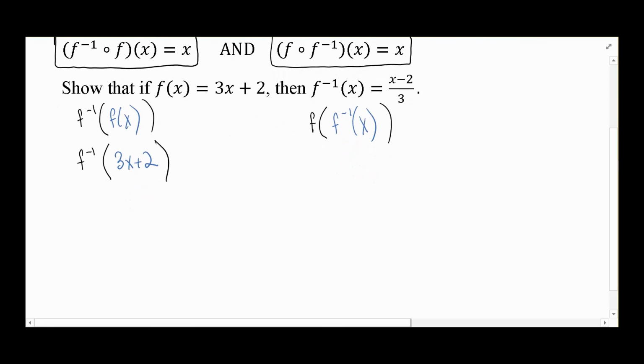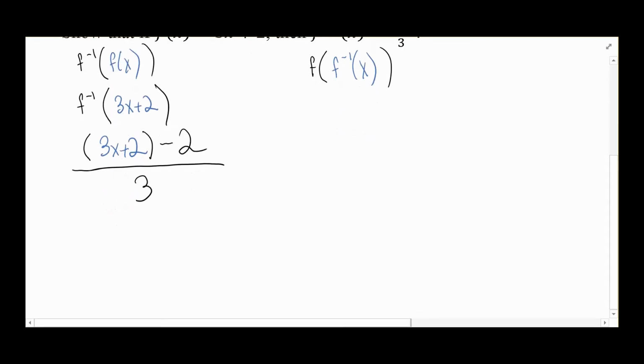What does f inverse tell me to do? F inverse tells me whatever you're plugging in, subtract 2, and then divide that by 3. What is it that I'm plugging in? 3x plus 2. Well, if I have a plus 2 and a minus 2, that adds up to 0.